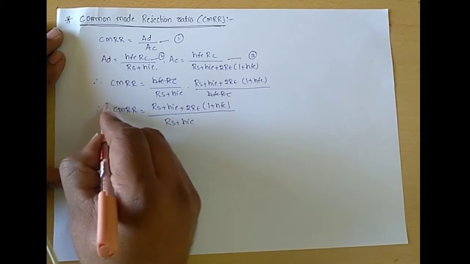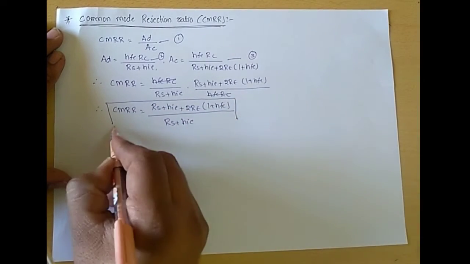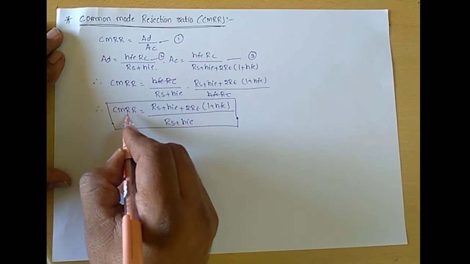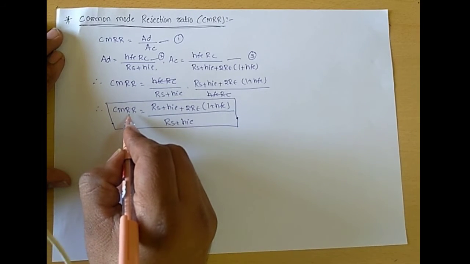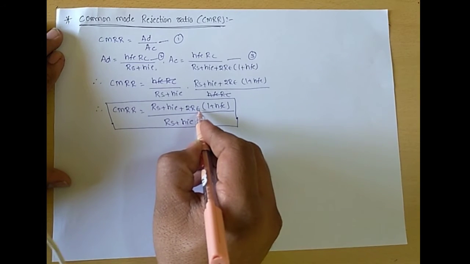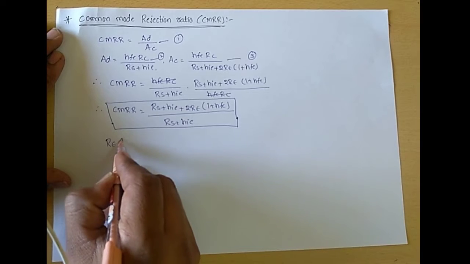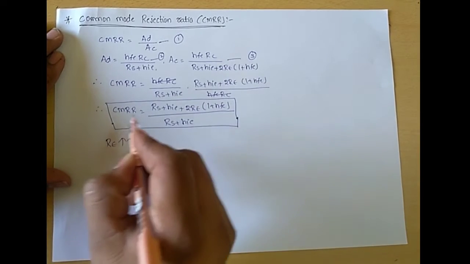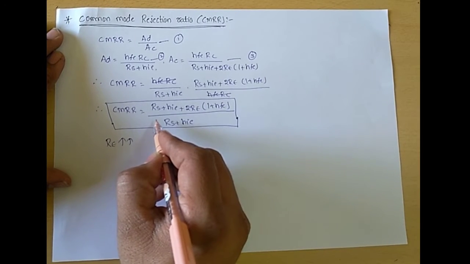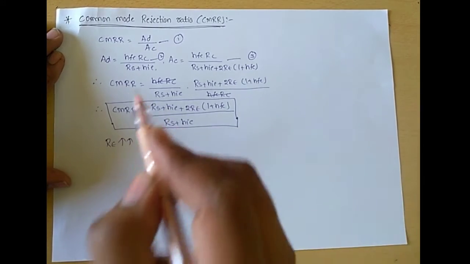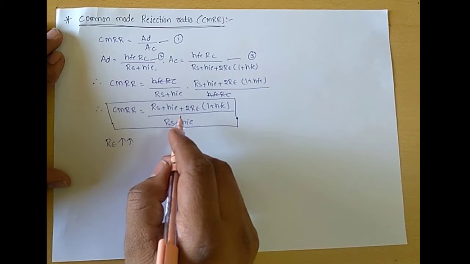With respect to this equation, we can conclude one important point. That is, the common mode rejection ratio of the differential amplifier depends on the emitter resistance RE. It means that if the emitter resistance increases, the common mode rejection ratio increases, and the differential amplifier easily rejects the common mode signal.